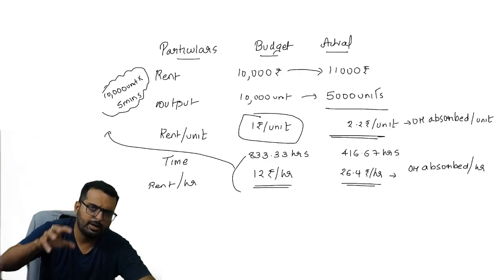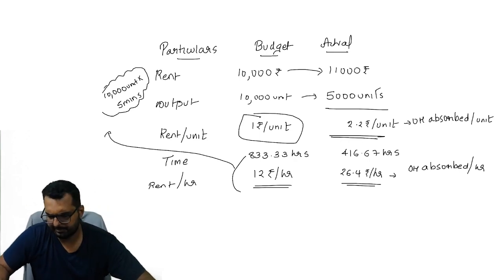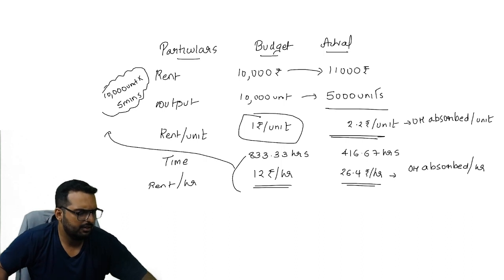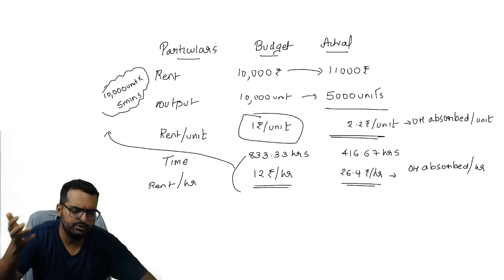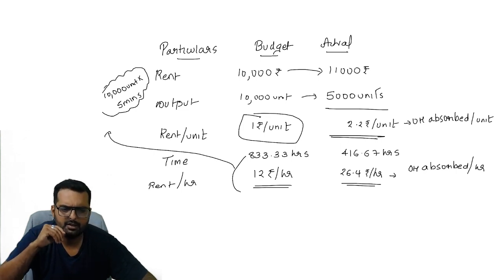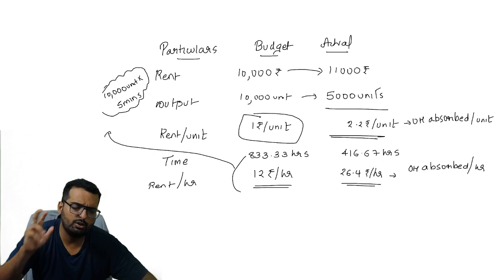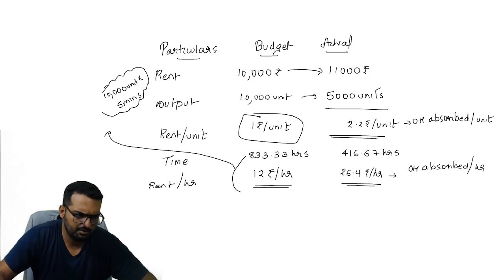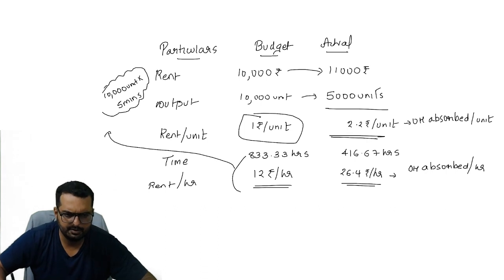Shiv Shankar, what was the budgeted output of double omelette that we were planning for? 10,000, correct? But in reality, did we produce 10,000? Only 5,000 we produced, correct? Now tell me, SQ is based on what? Actual output. So here, what is the actual output? We'll take 5,000 as the actual output.